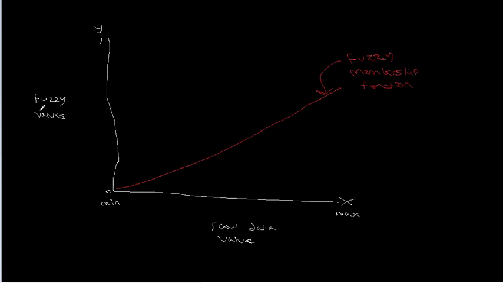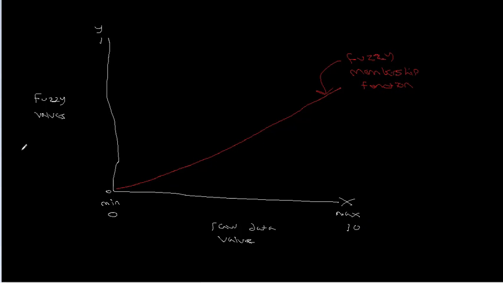So what do I mean by that? Well, if we pick some raw data value, let's just say this is inches of rain, and we have a minimum value of 0 and a maximum value of 10.